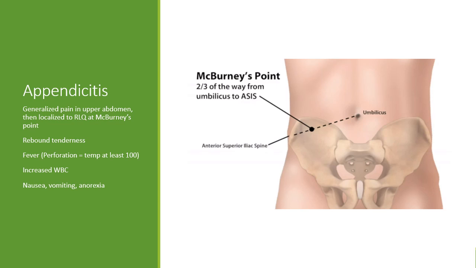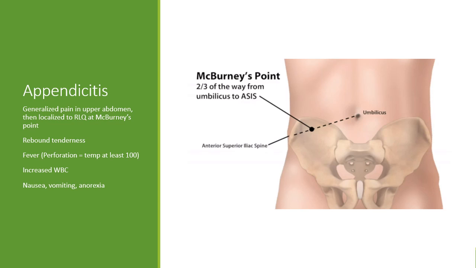And that causes a backup of the fluid that's secreted by the mucous membrane inside the appendix. And the fluid accumulation then can become infected. And if it's obstructed, then that leads to necrosis, and then inflammation, swelling, and perforation of the appendix.